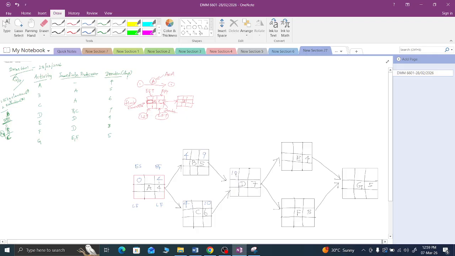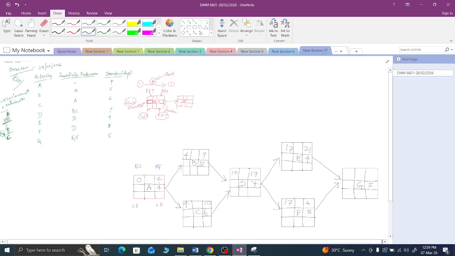Okay, 10. So the 10th day, plus a duration of 7 days, on the 17th day you can complete this activity. Then, same as here, on the 17th day you can start this one. So which day can you finish? 17 plus 4, the 21st day.